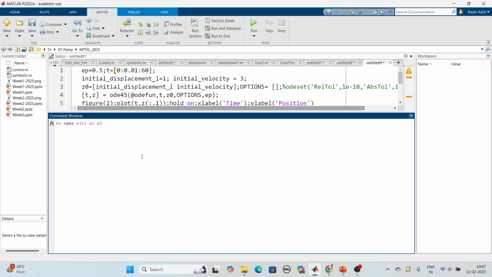Then let us assume that we are considering only till second order. We are considering the epsilon and we are considering epsilon square.